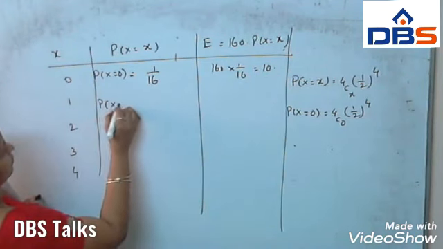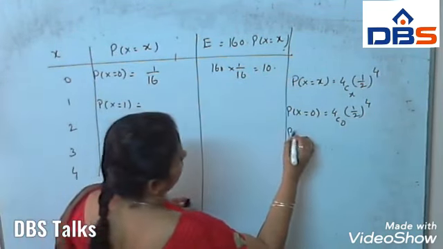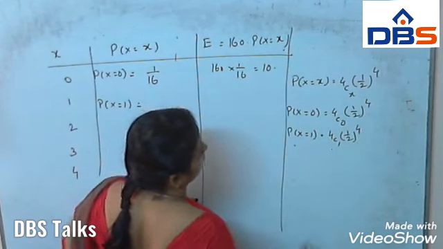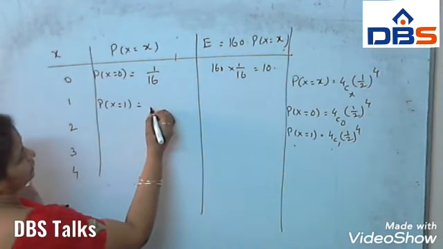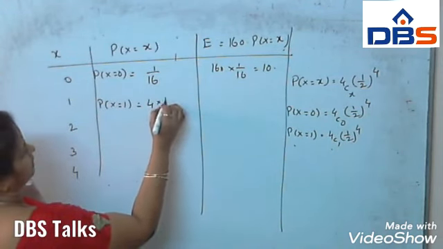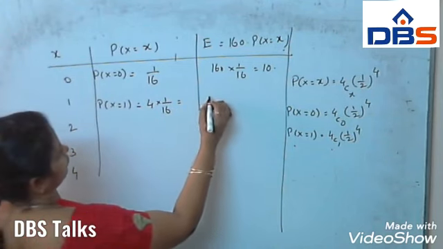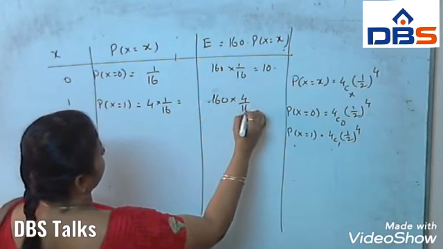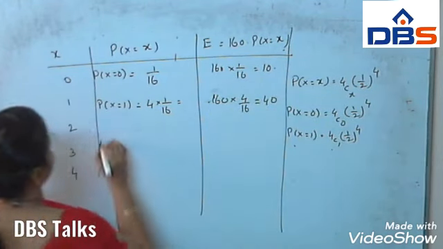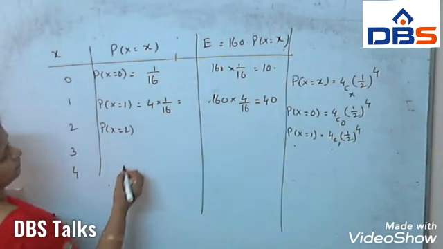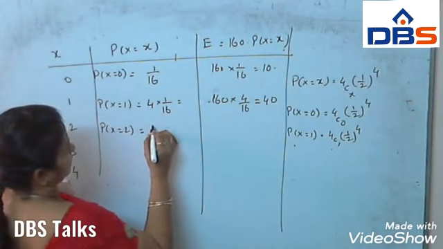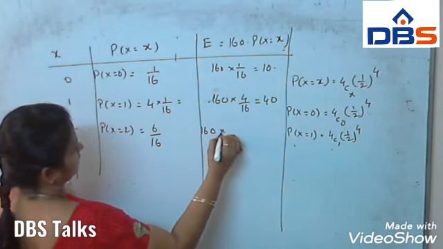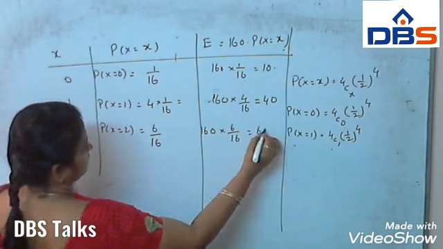Next, p of x equal to 1 means 4c1 1 by 2 power 4. 4 into 1 by 16, that is 4 by 16. 160 into 4 by 16, that is equal to 40. P of x equal to 2: 4c2, 6 by 16. 160 into 6 by 16 is 60.